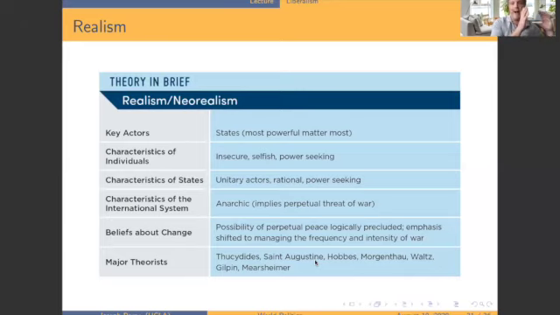States increase their power in two ways. First, through war and conquest, and the second is through balancing, taking actions to offset the power of a more powerful state by temporarily allying with a weaker state to deter the actions of the larger state.